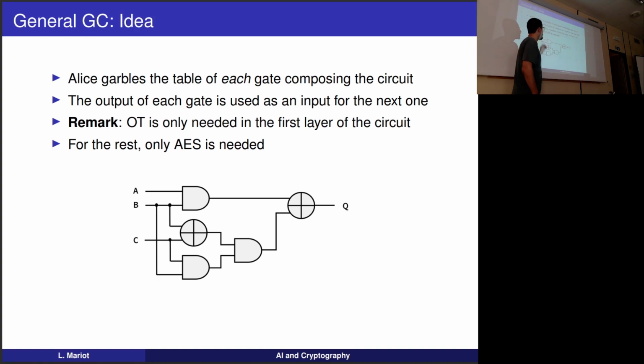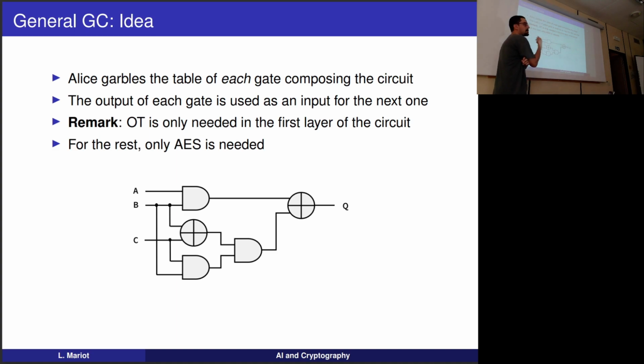So for each wire, she will get two random symmetric keys for AES for 0 and 1. And then she will do the garbled circuit protocol for each of these gates, and each of these gates will give an output that will be used as an encrypted version for the next input in the next layer.